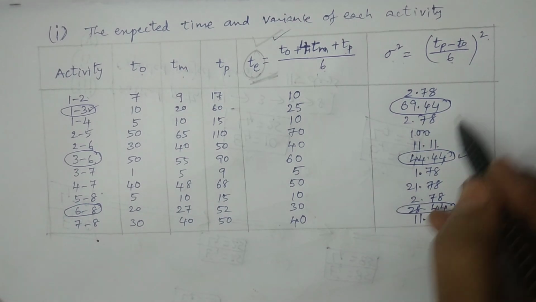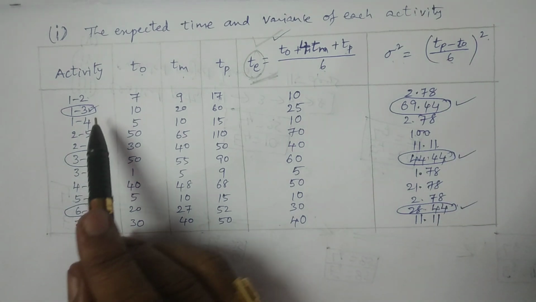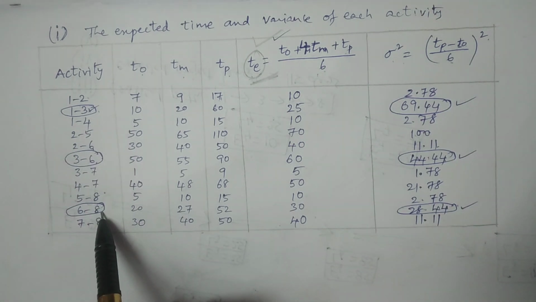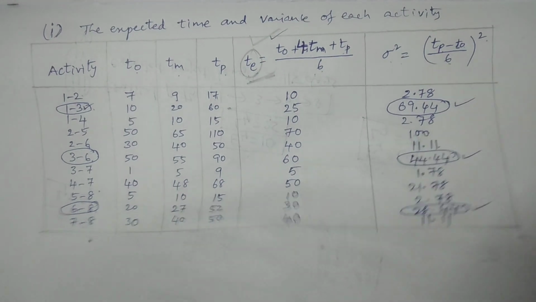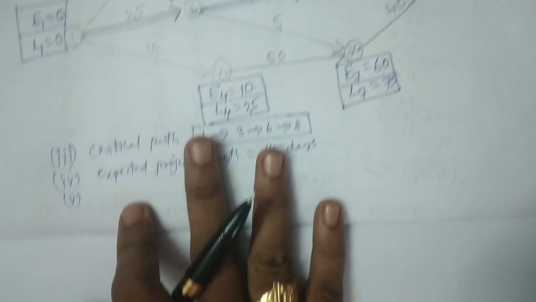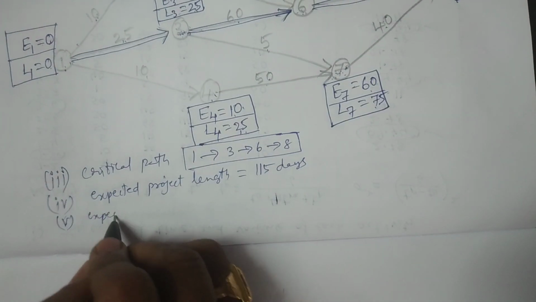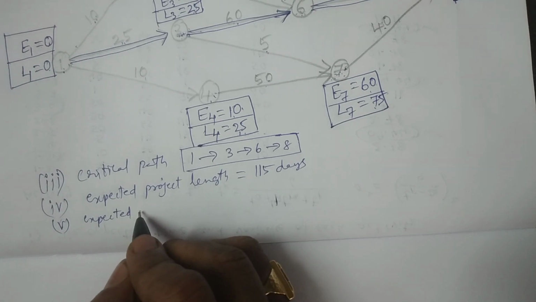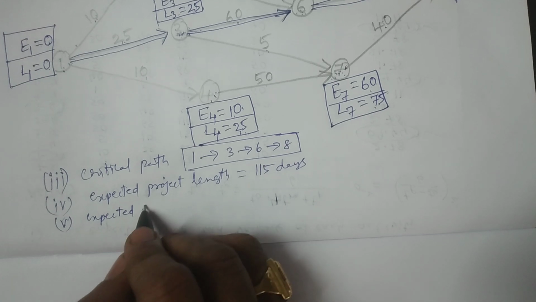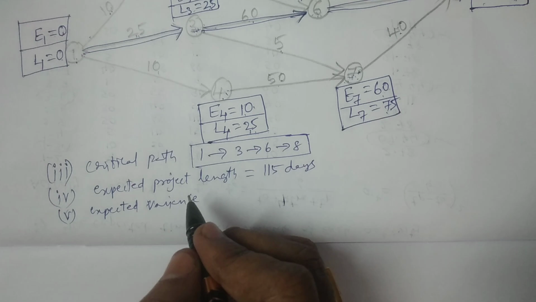If you add these three variances, for the critical activities 1 to 3, 3 to 6, 6 to 8, you will get the expected variance of the project length.